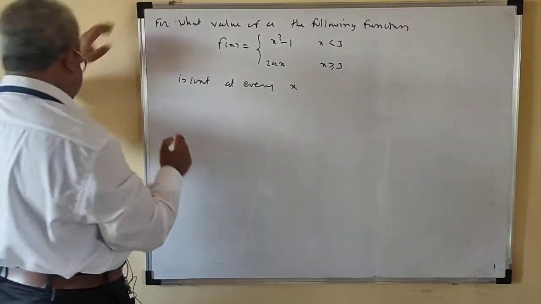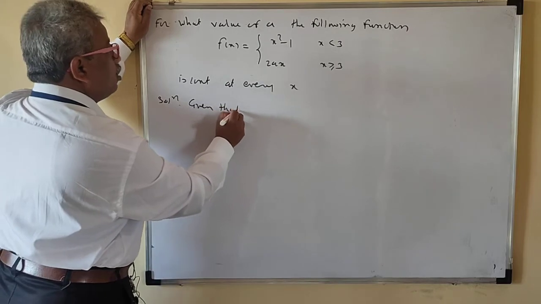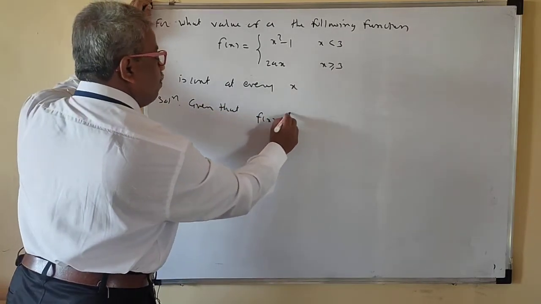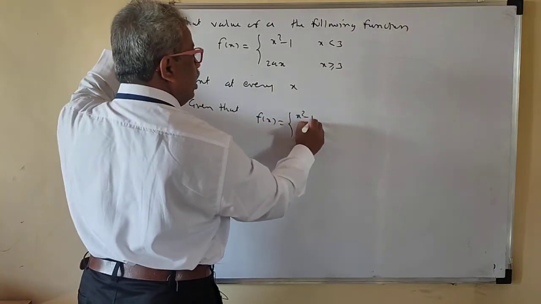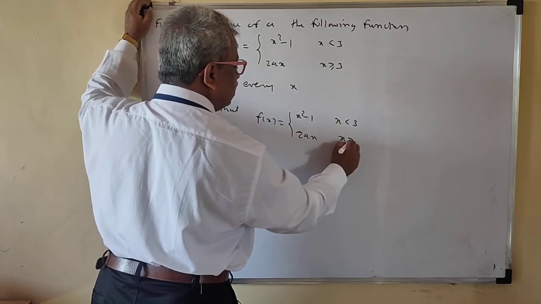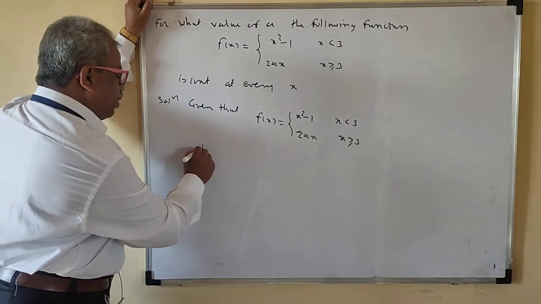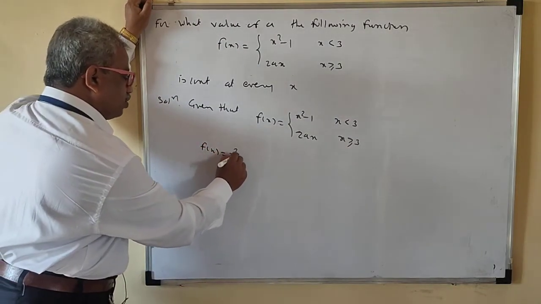Okay. Solution. Given that f of x is equal to x square minus 1, x less than 3, twice ax, x is greater than or equal to 3.